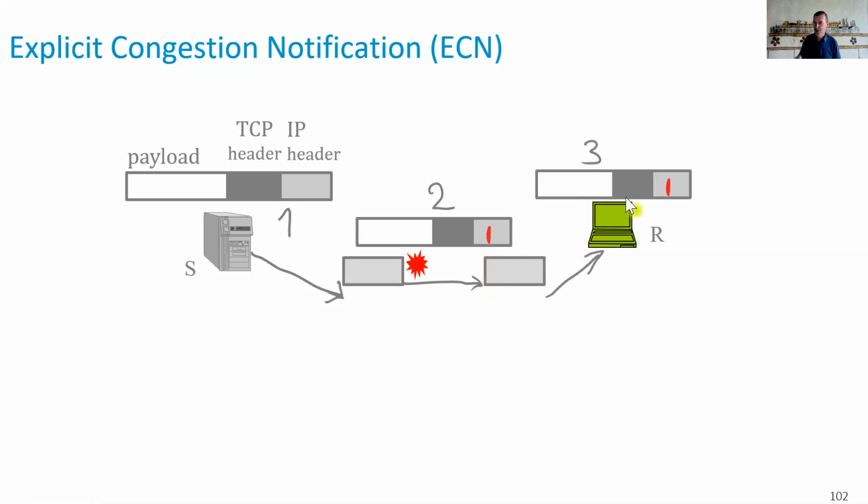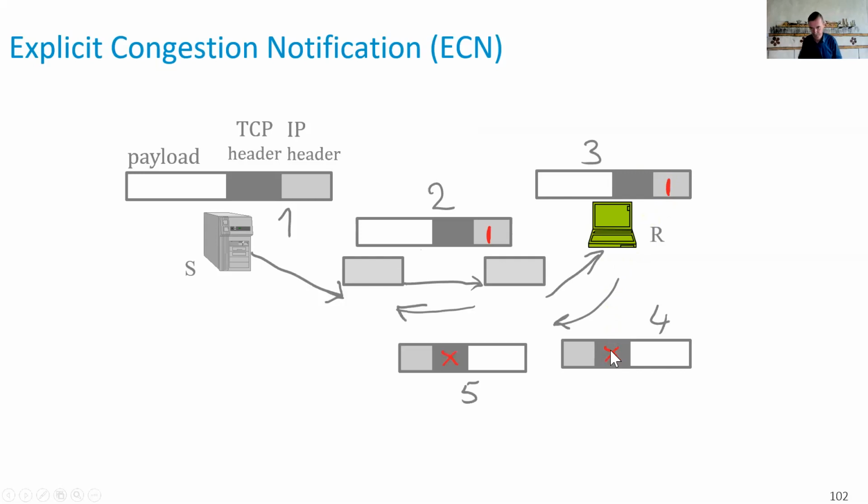When this packet is received by the receiver, of course, this doesn't help the receiver. Who should know about this is the source. So we need to give that information back to the source. How can we do it? Well, we have TCP for this if we use TCP for congestion control. So we will echo this mark into the TCP header in a field that is together with the ACKs.